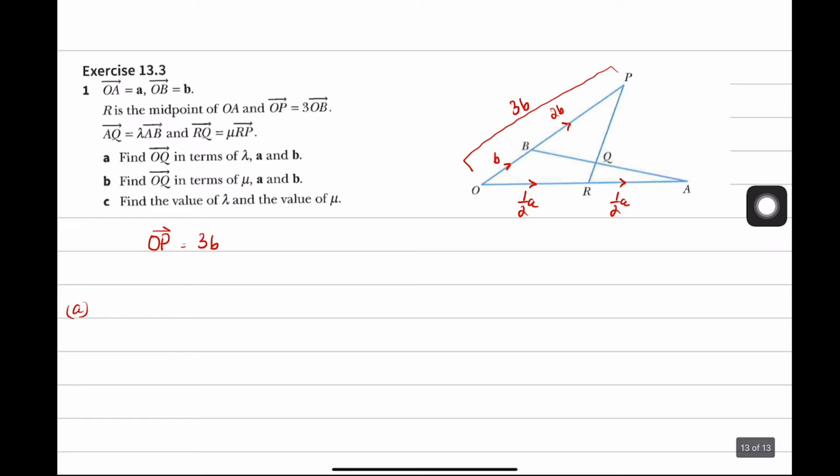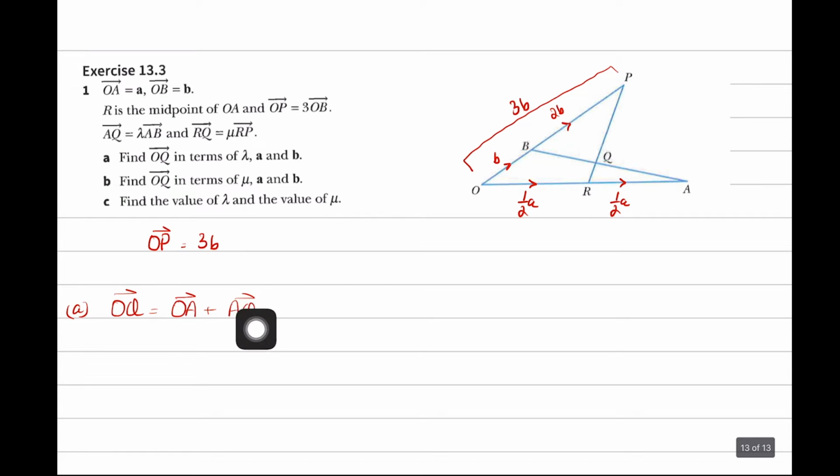Why is OA plus AQ a better option compared to all the other options that we looked at? We actually know what AQ is in terms of lambda and AB.